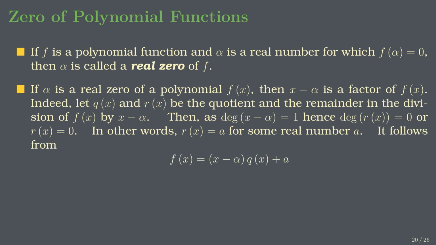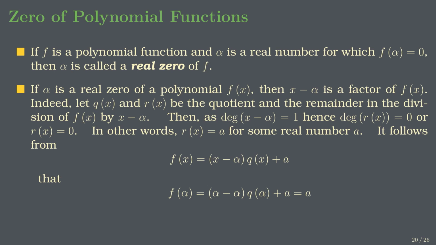So it follows from the Euclidean division of f(x) by x minus alpha that, first of all, when we evaluate f of alpha, we get that f of alpha is the product of alpha minus alpha times q of alpha, plus a. But alpha minus alpha is 0, so what we get here is a, the remainder.